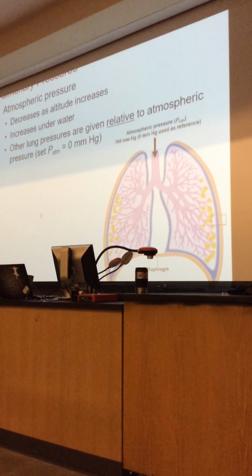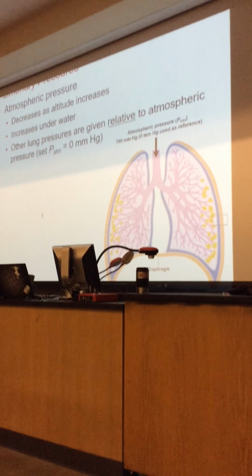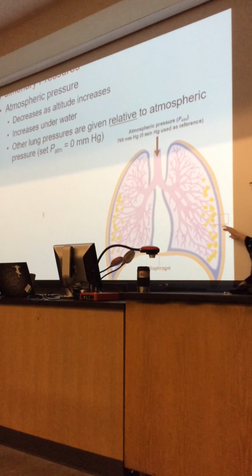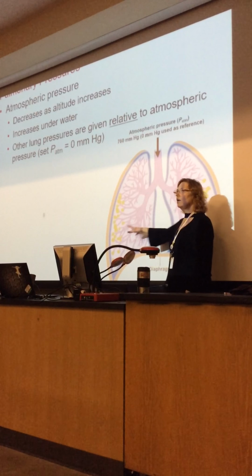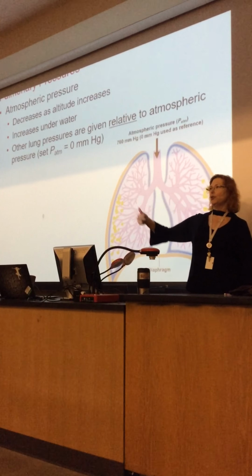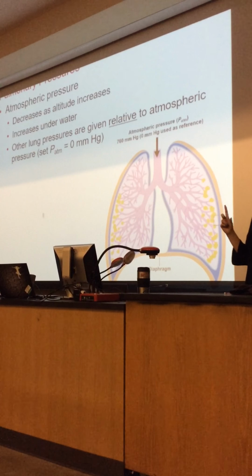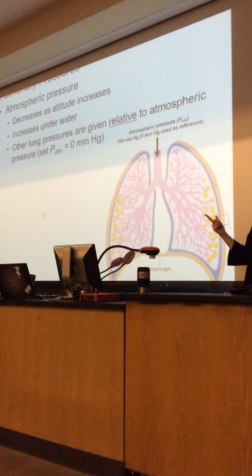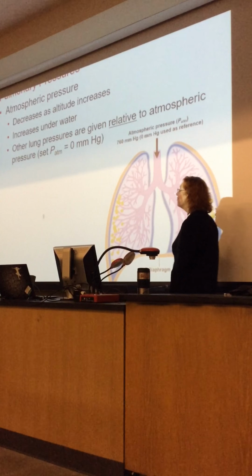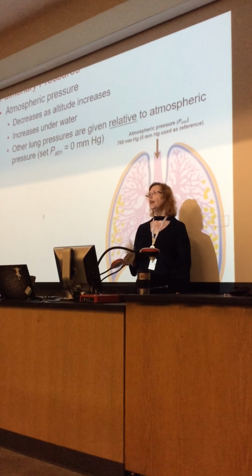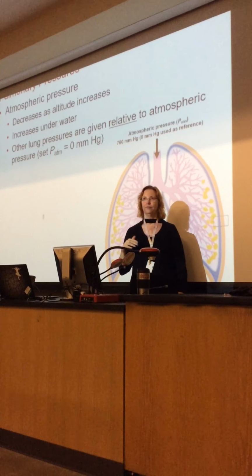Okay? So when we talk about the pressures in the lungs, the intrapleural pressure, the alveolar pressure, the transpulmonary pressure, which is related to the alveolar and the intrapleural, we're all talking about them relative to atmospheric pressure. Okay?